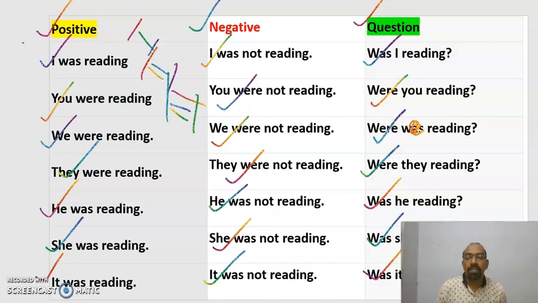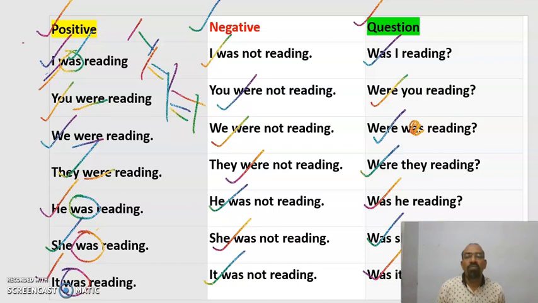In past, there are two auxiliary verbs for continuous tense. One is was and another is were. Look at this usage. Was is used with the singular subject. With I also we use was in past tense.